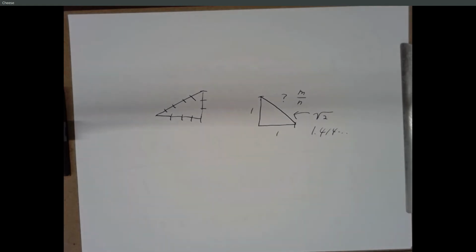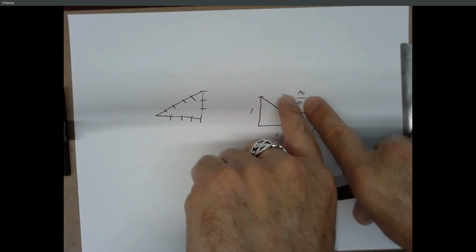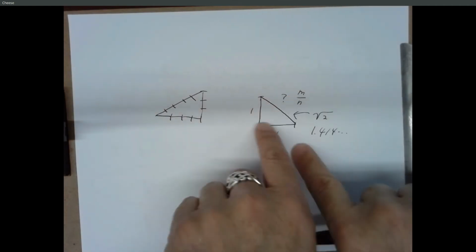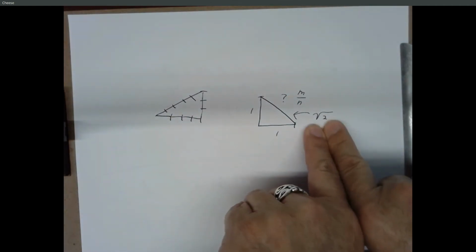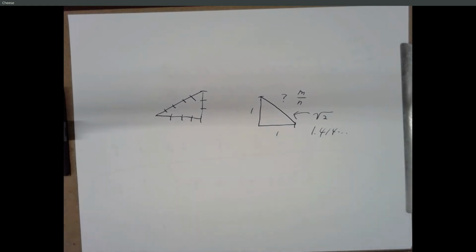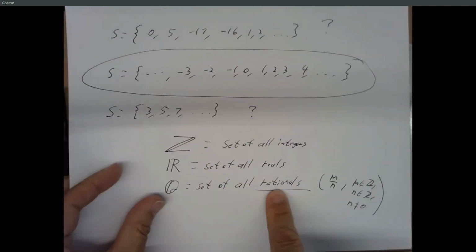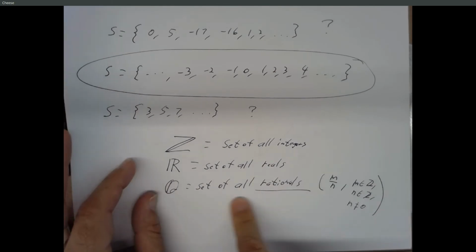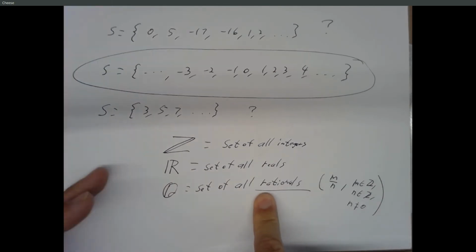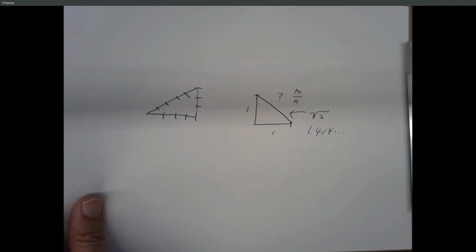But it's not 141 over 100. It's not 1,414 over 1,000. Those are approximate. But no matter how carefully you choose these two integers, that fraction is never equal to the square root of 2. That's a number which is, strictly speaking, not a member of this set of rationals. It's a real number. It's not a member of this set. And man, did that rain on their parade.